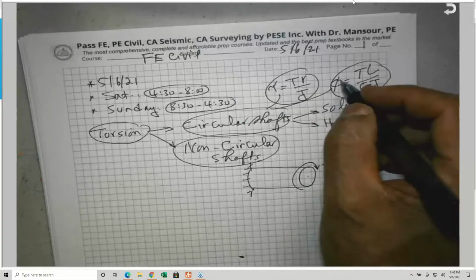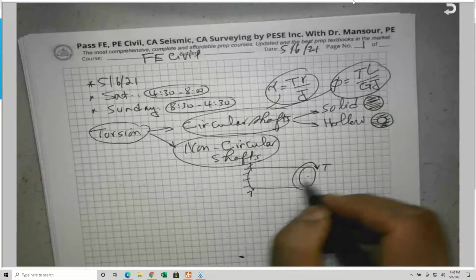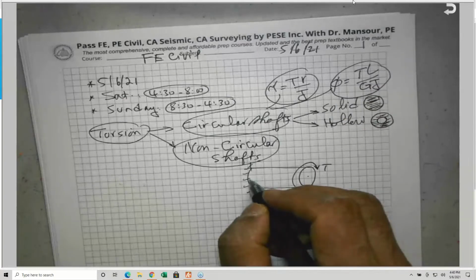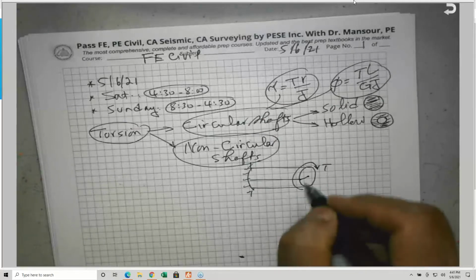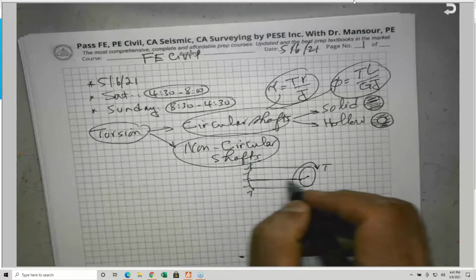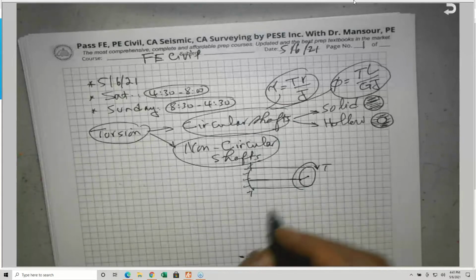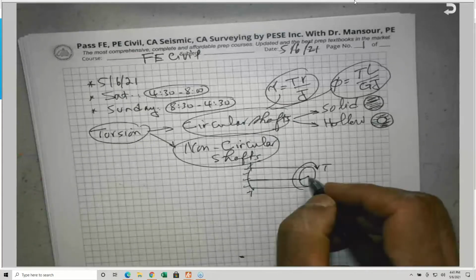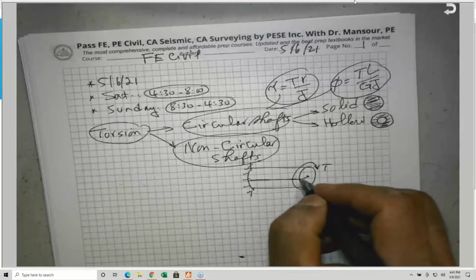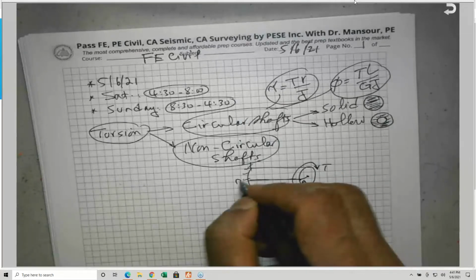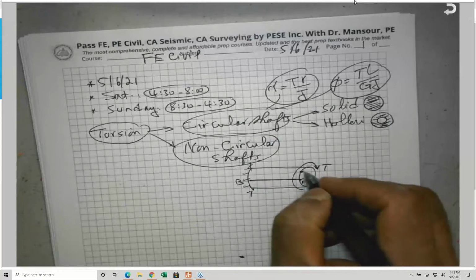So the angle of twist, which is the angle phi, normally when we do this in the lab, I'm sure that we draw a line on the surface of the shaft, and after we apply the torque, T, this point A, if this is A and this is B, point A is going to be here at one point of time.